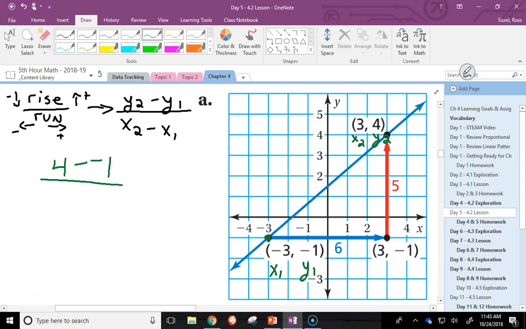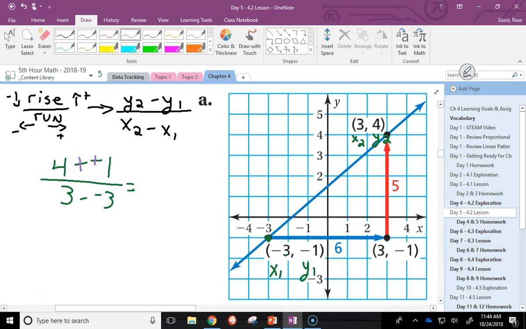We're going to put that all over x2. x2 was 3 minus x1. x1 was negative 3. And then we solve. Well, if I do 4 minus a negative 1, remember, subtracting a negative is like adding the positive.